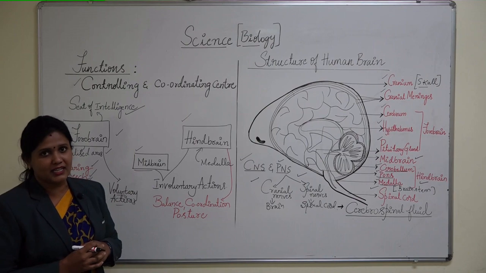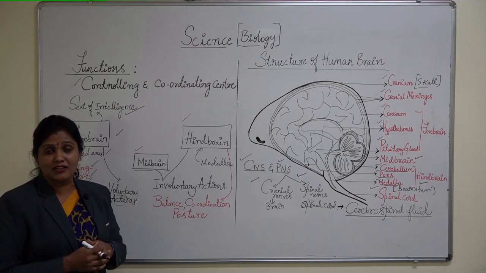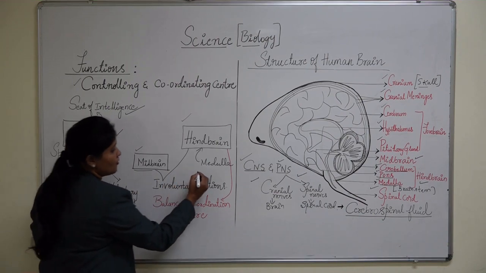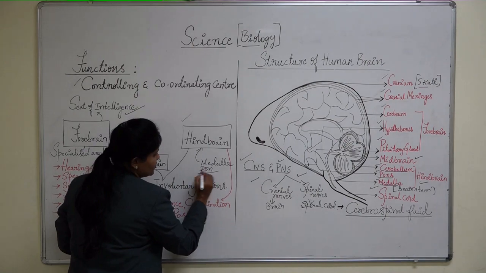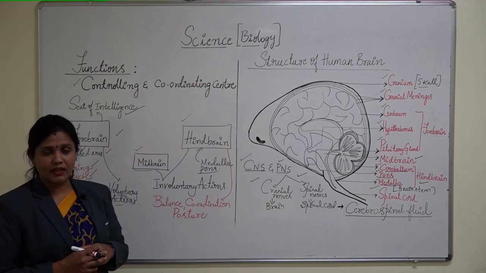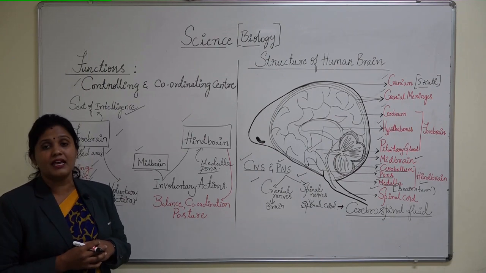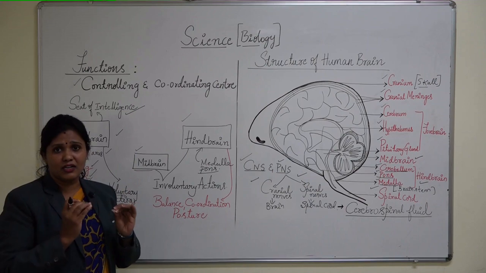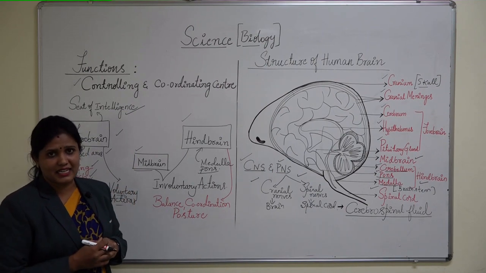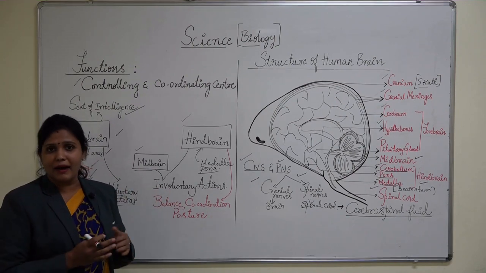If we take regulation of respiration as an example, the rhythmic activity of breathing, inhalation and exhalation: what happens during inhalation? Our diaphragm contracts, and during exhalation our diaphragm relaxes. So this is under the control of another part belonging to the hind brain, the pons. If we take specialized voluntary actions as an example, we need to be completely focused, attentive and alert. Let us take examples like walking in a straight line and riding a bicycle.